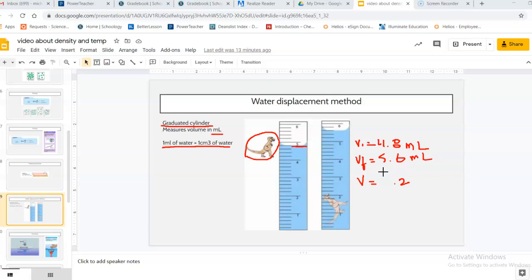So you do 5.6 minus 4.8, and you get the volume of 0.8 mLs, okay, or centimeter cubes. So the volume of the dinosaur is 0.8 centimeter cubes. Okay, that's how much water was displaced. All right, let's erase.